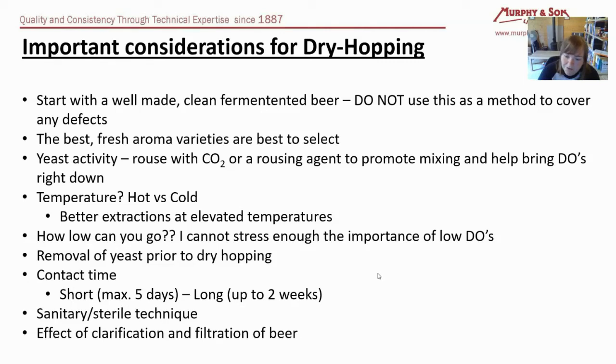There's also some hop oils which are metabolized by yeast, which produce fruity flavors. So that's another thought for the warm side. So you need the presence of fermenting yeast to get these. As an added bonus, it helps protect the beer from any oxygen, as I mentioned before, which is introduced through the dry hopping procedure. After this, you would then follow up with any VDK rests and cold stabilization.